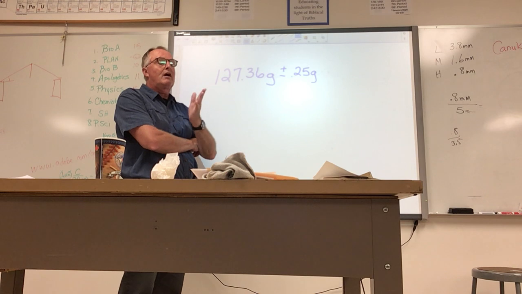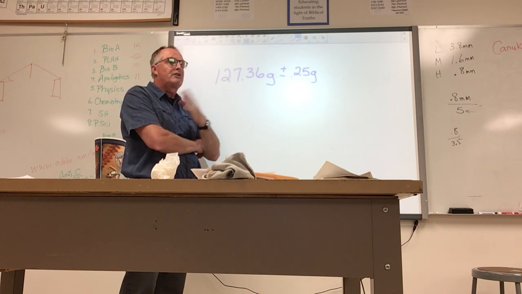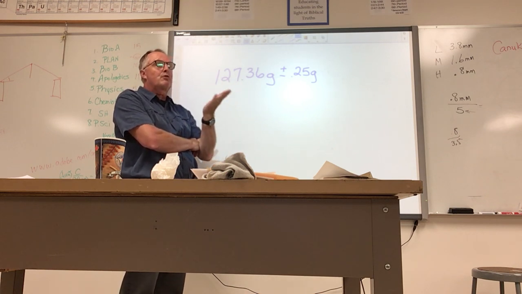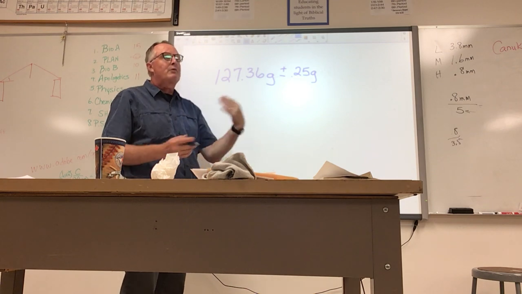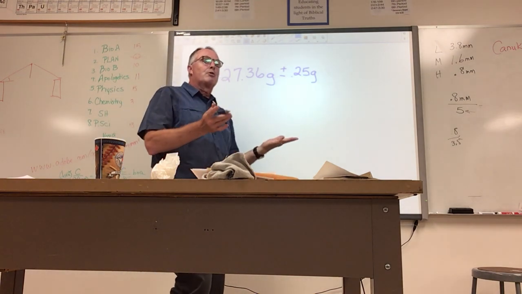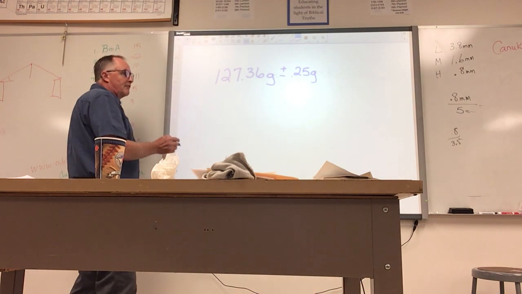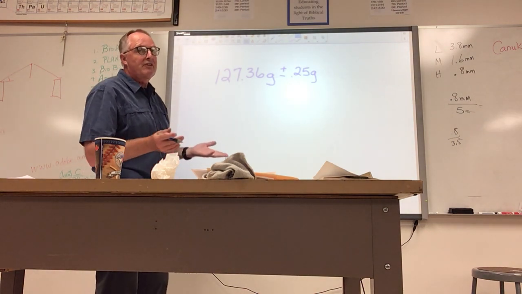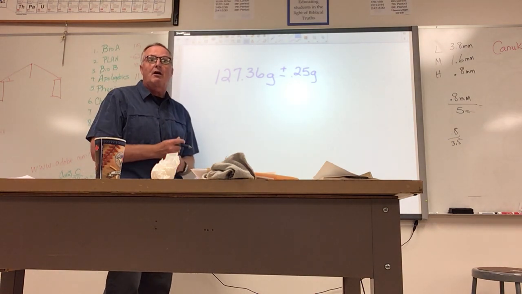Percent means per 100. Cent is just 100 in French, so percent just means per 100. If you ever wondered why we call it a percent, it just means per 100. If it's per mil, it would be per 1,000. That's what batting averages in baseball are, per mil.